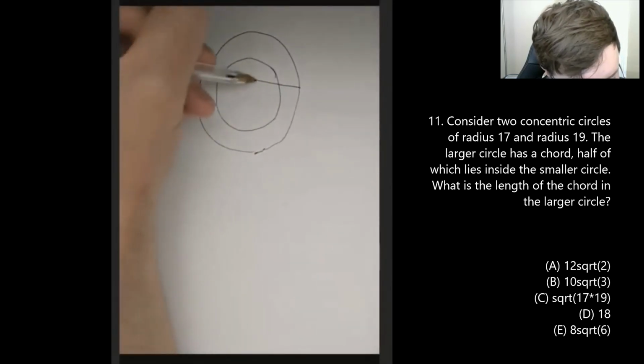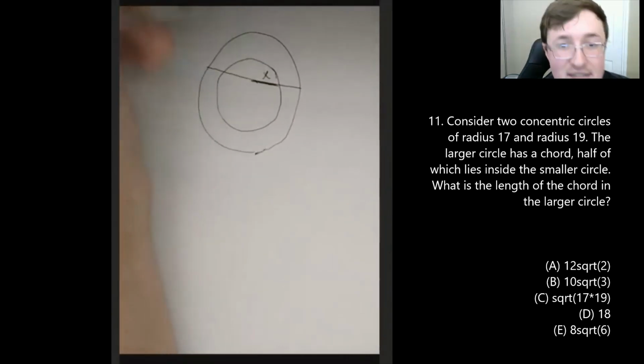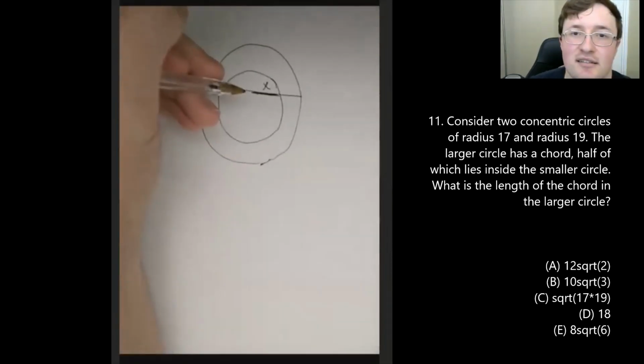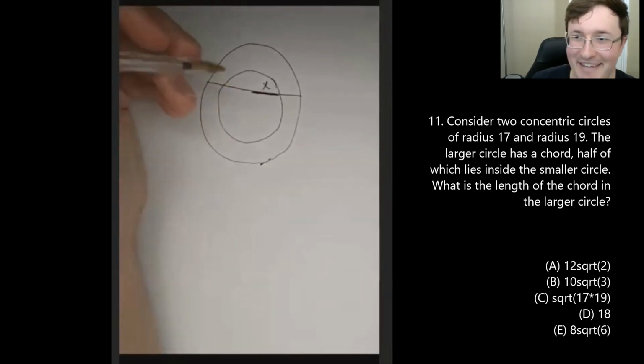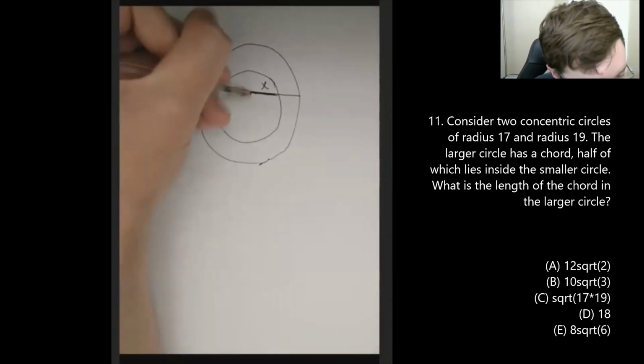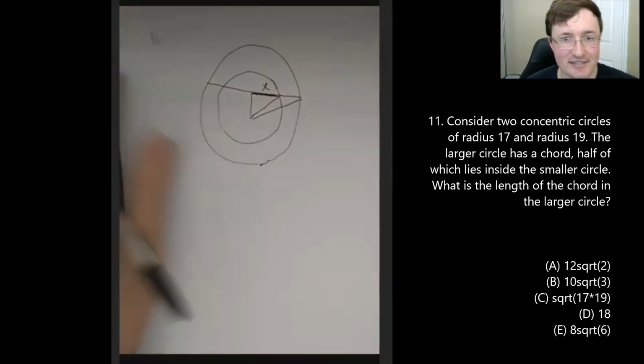Okay, so if I call this X, half that distance. This one is easy. Okay, now I'm scared because I make mistakes on easy problems. Okay, so I've got two right triangles.